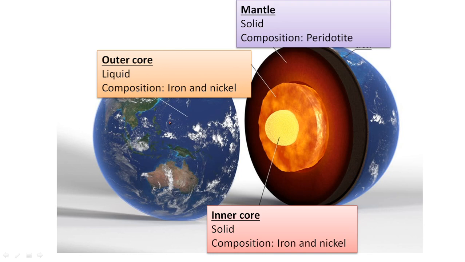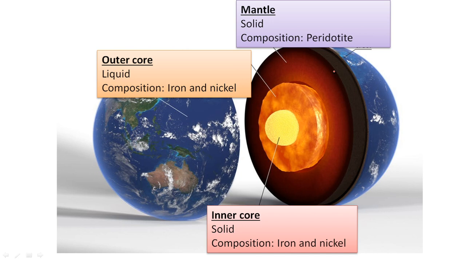Here we can see the mantle. We've seen the crust, the outer layer. Beneath the crust we can find the mantle. So the mantle is between the crust and the core. The mantle is more dense than the crust, obviously, and is very thick.